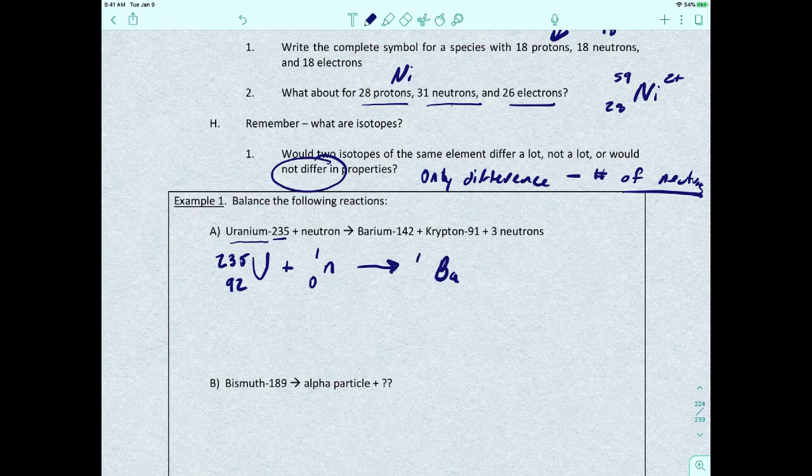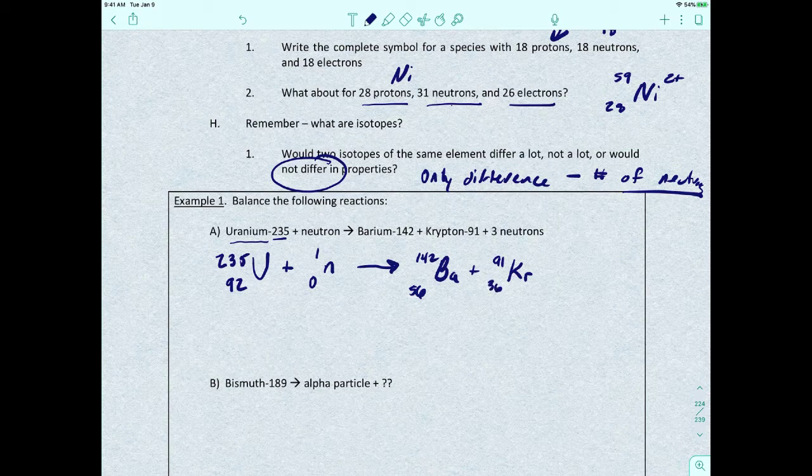The mass is 142 because we were told that in the problem. Looking up barium on the periodic table, the atomic number is 56. The next one is krypton-91. The atomic symbol for krypton is Kr. We know the mass is 91, and looking up the atomic number, krypton is at 36.